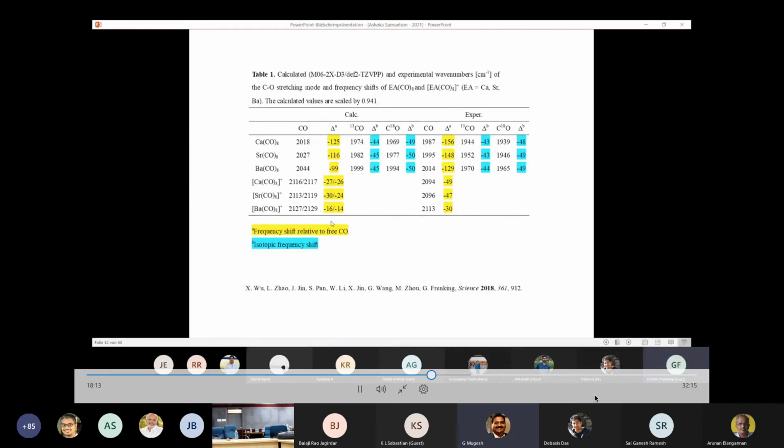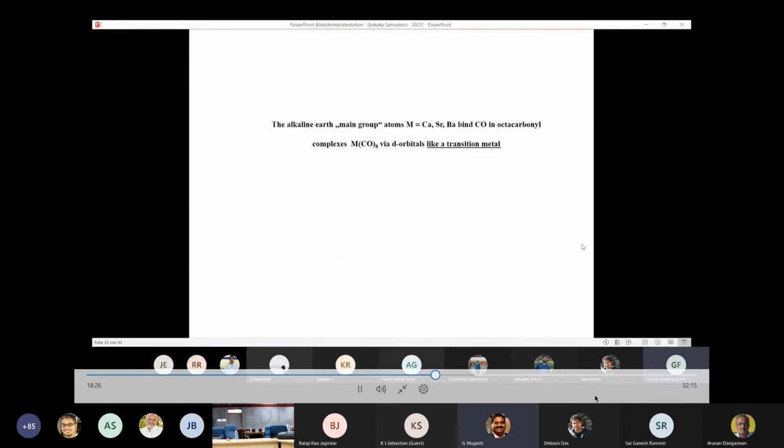In both cases, we found that they are stable species. The frequency shift leaves no doubt for the observation, and that has finally even got into Science, saying that the alkaline earth main group atoms bind in octacovalent fashion via d orbitals like a transition metal: calcium, strontium, and barium.